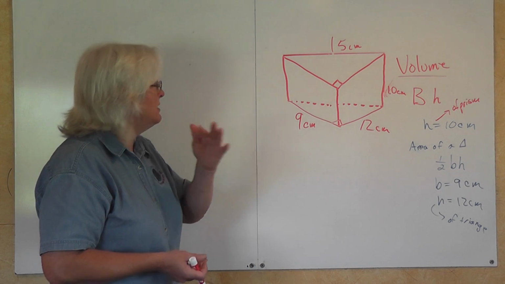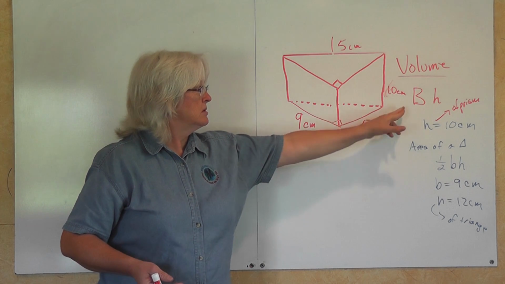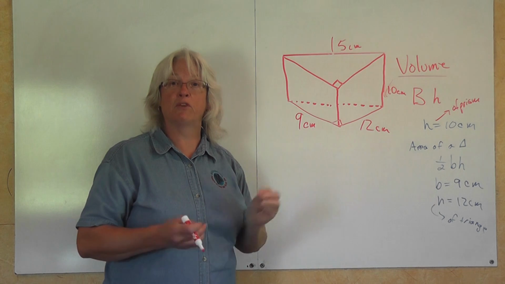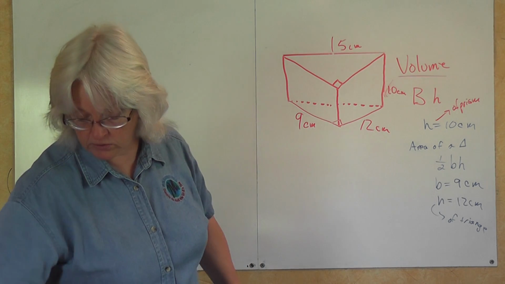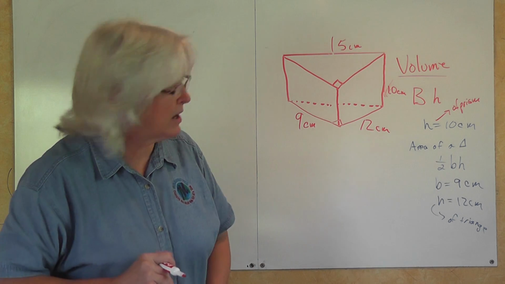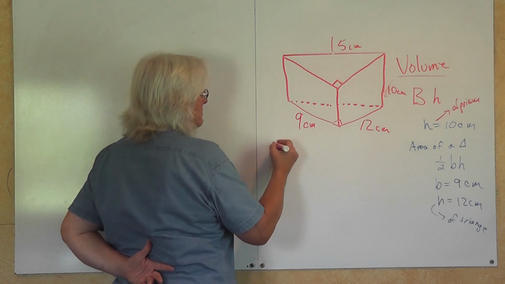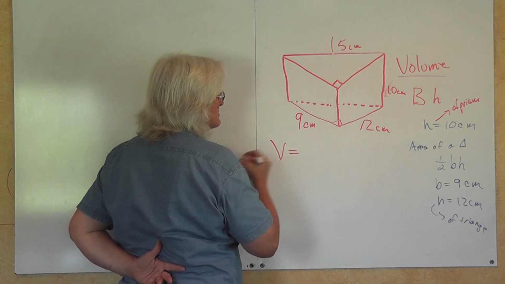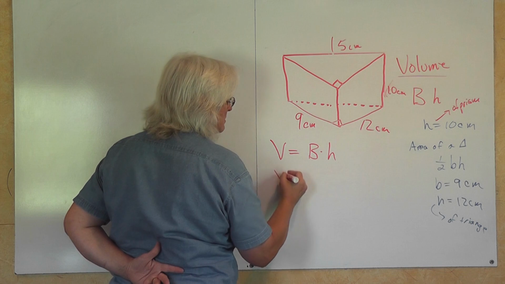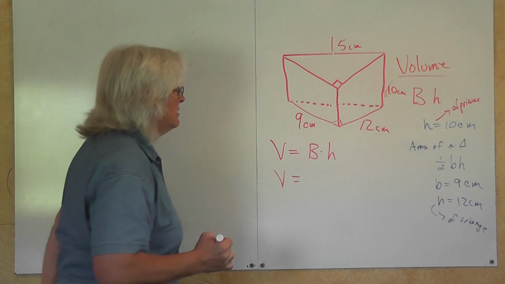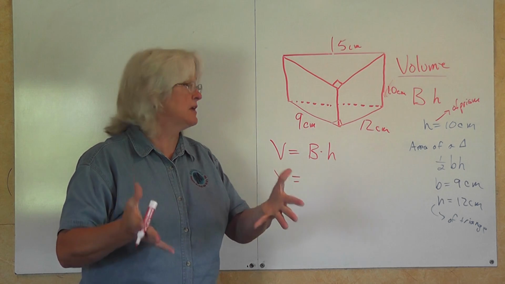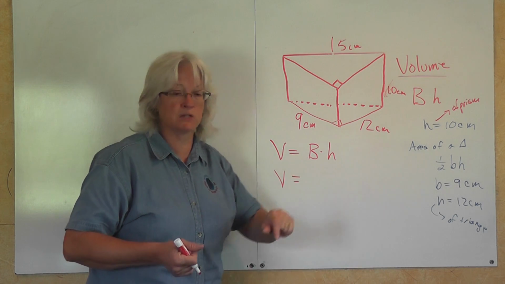So we could show, instead of putting here the area of the base, the formula for the area of a triangle, but I want to go ahead and do this exactly the way that they've copied it for you. So they start out by saying that the volume of this prism is the area of the base times the height. And then they just put off to the side, okay, remember guys, the way that you find the area of a triangle is 1/2 the base times the height.